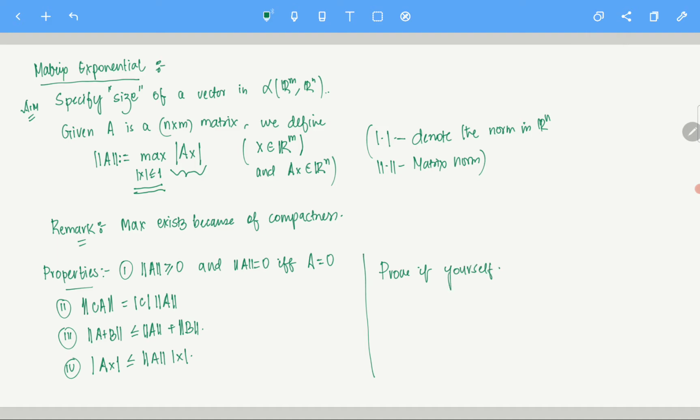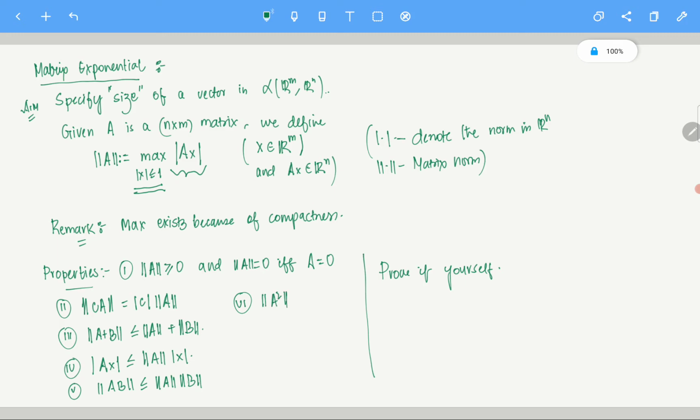Now let me write down two more properties. The fifth property is the norm of AB. This is definitely not equal to the matrix norm of A times the matrix norm of B, but it is dominated by the matrix norm of A times the matrix norm of B. Clear? And the sixth property: norm of A square.